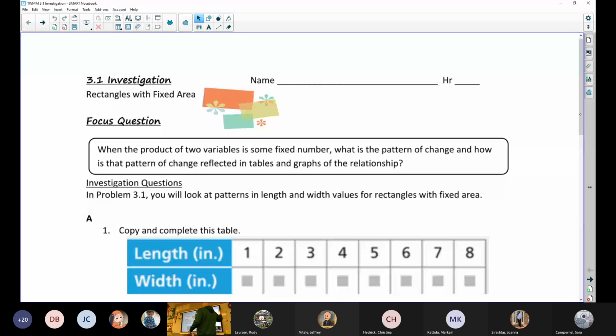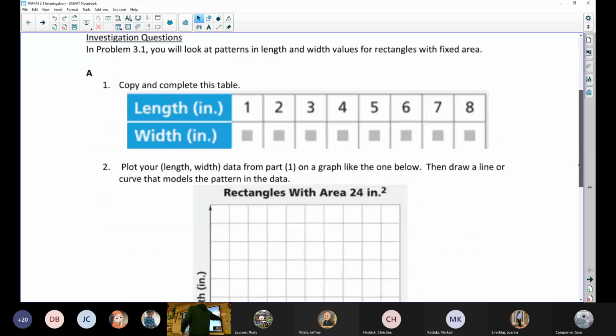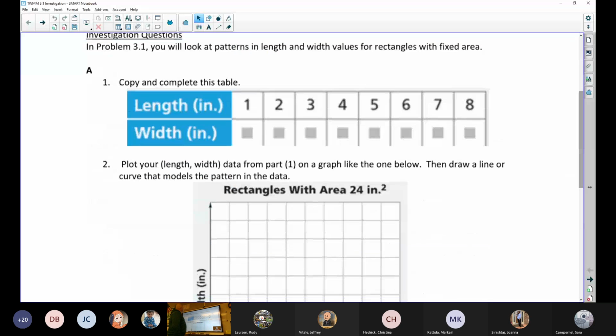We're going to look at patterns in length and width for rectangles with a fixed area.